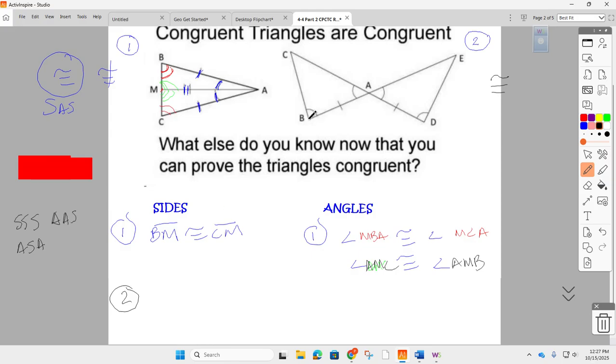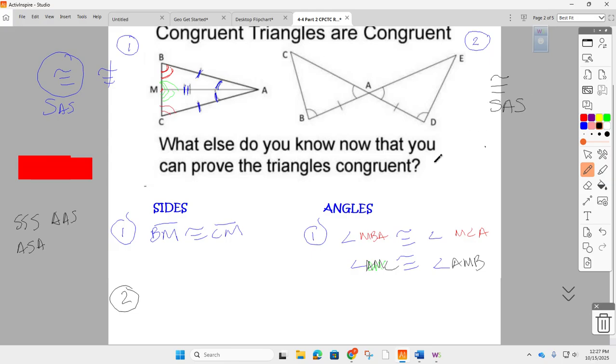So, there you go. Good job. Correct. Angle, congruent side, congruent angle. So yes, we can say that these are congruent because of the angle side angle postulate.